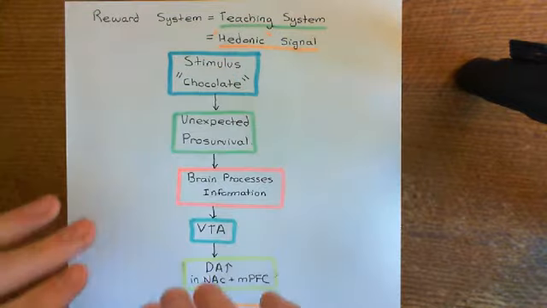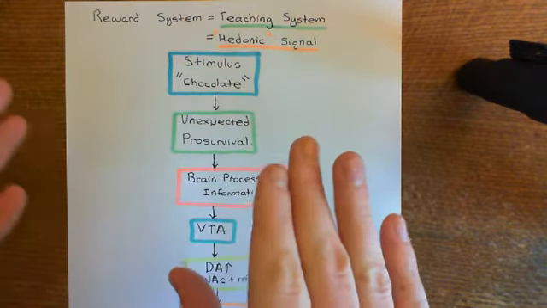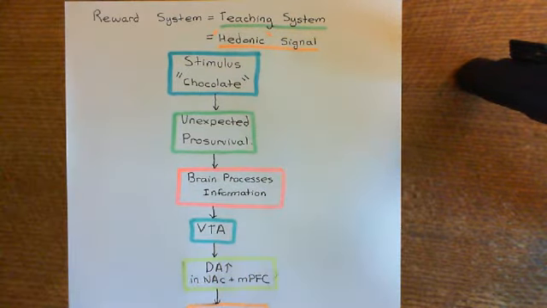We think it has this subtler, more sinister function of remodeling the brain so that the behavior that gave rise to this good pro-survival stimulus is reinforced, so that you do it more often.